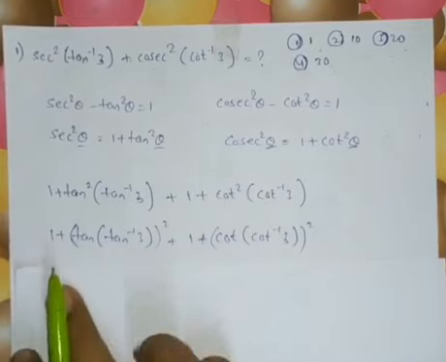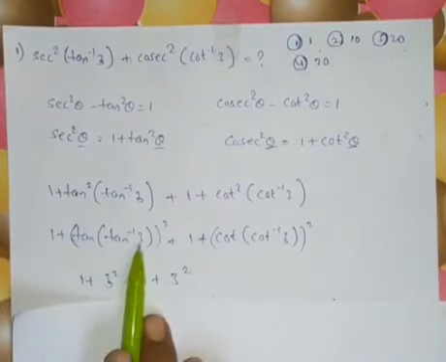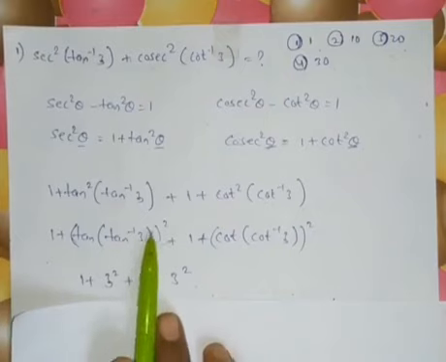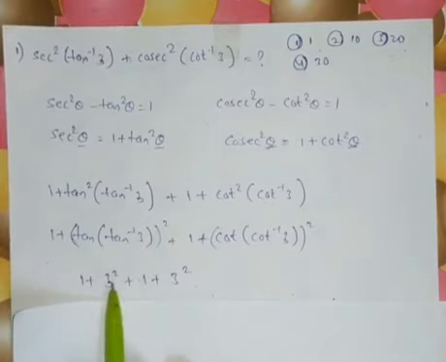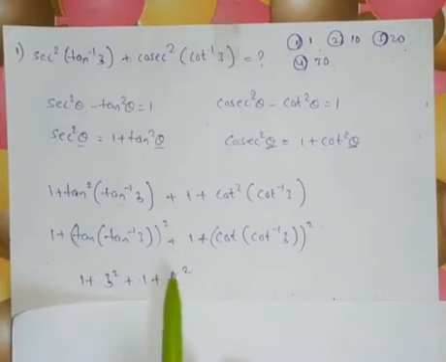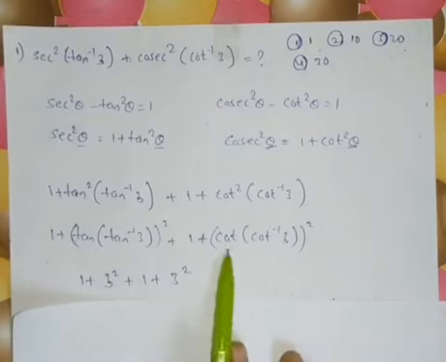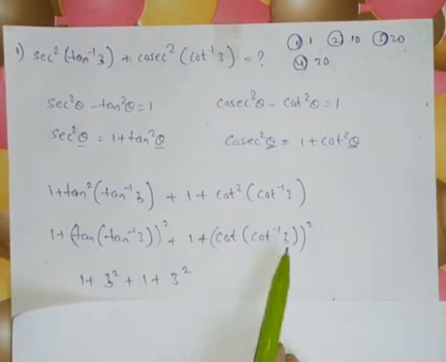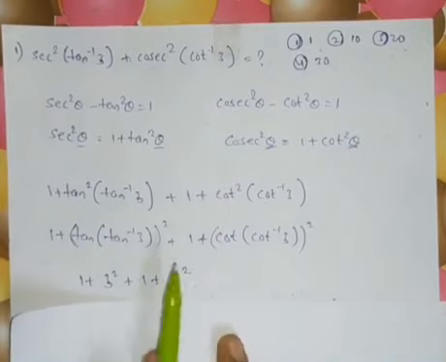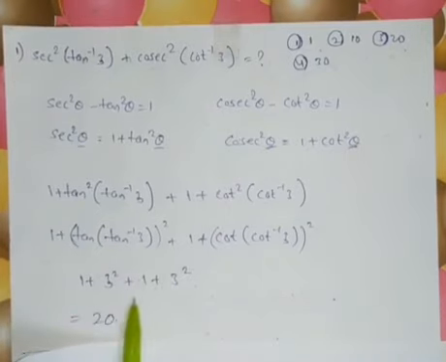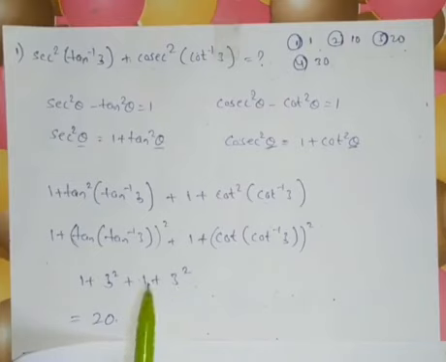So it is directly 1 plus 3 square. Next, here it is 1 as it is, cot inverse gets cancelled, so directly 3 square. So this is 9 plus 9, 18, plus 2, that is 20. In this way we will solve the question.